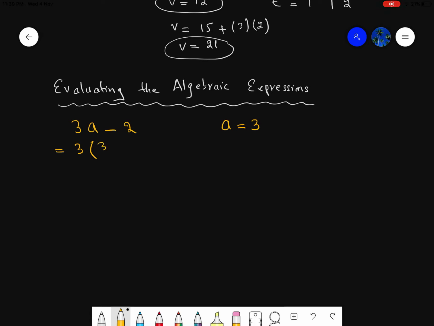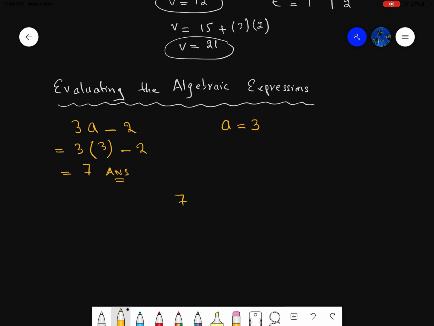In the expression it is 3 times a minus 2, so we say 3 times 3 minus 2. 3 threes are 9, and 9 minus 2 is 7. So that is our final answer for this expression when a is equal to 3.